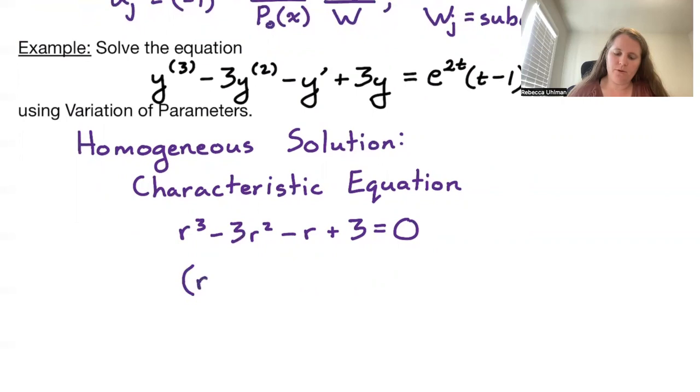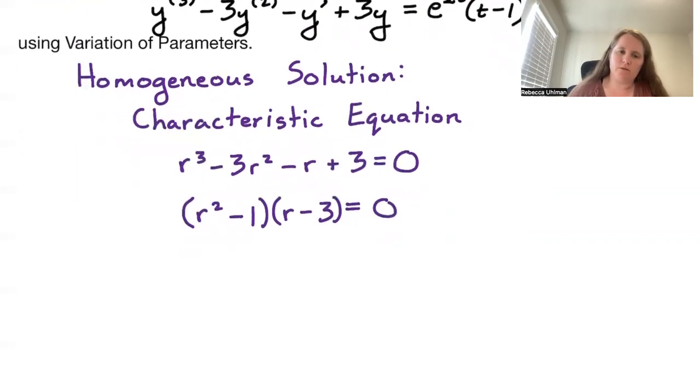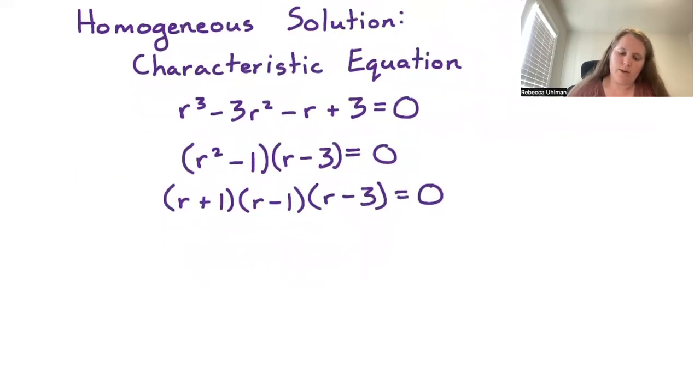The first group we would factor in r squared. The last group we would factor in r minus or -1, and what would be left would be r minus 3 from each of those groups. So we have r squared minus 1 times r minus 3, or in other words, r plus 1 times r minus 1 times r minus 3 is equal to 0. We wind up with r is -1, 1, or 3.